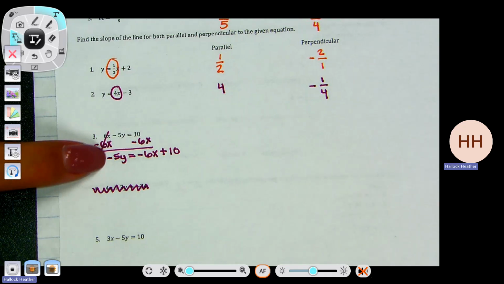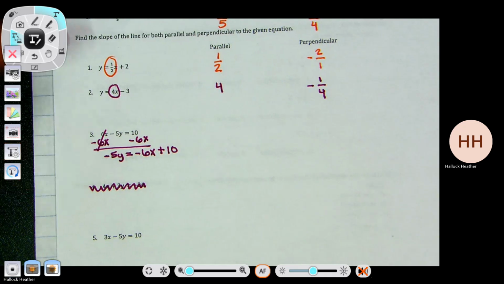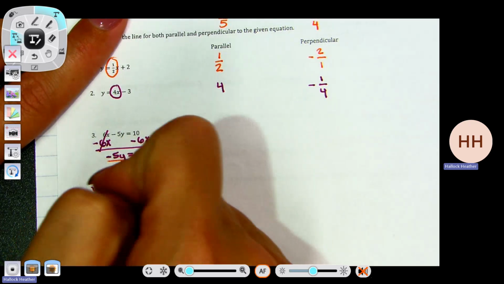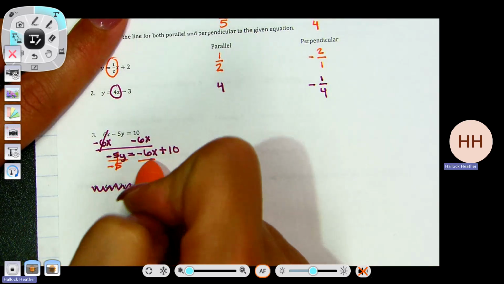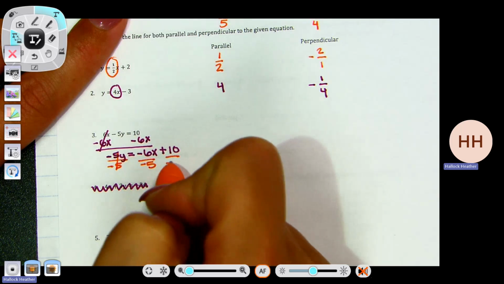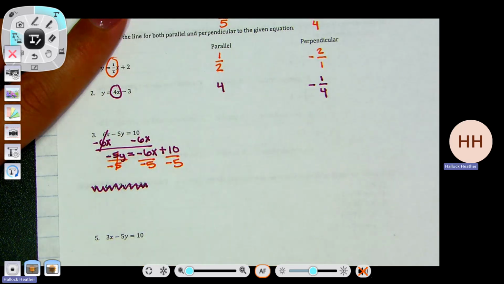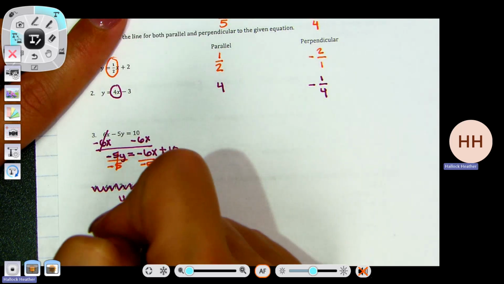So I still have to get y by itself. That is literally what everybody forgot to do, this next step. You have to get y by itself. How do I get rid of the -5 in the front? Divide everything by -5. So every single term gets divided by -5. So y is now completely by itself.